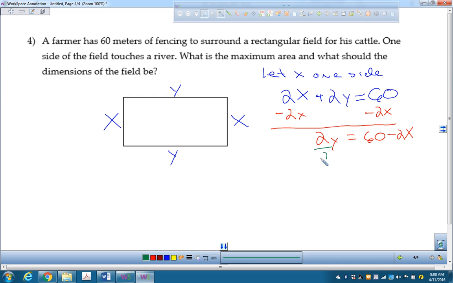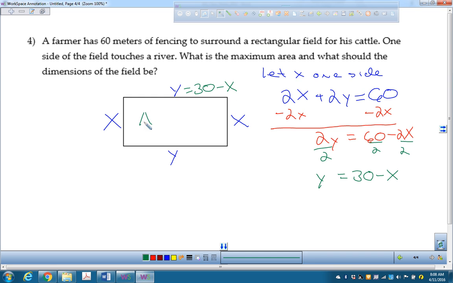So y equals 60 divided by 2, which is 30, and negative 2x divided by 2 is minus x. So this side over here is 30 minus x.